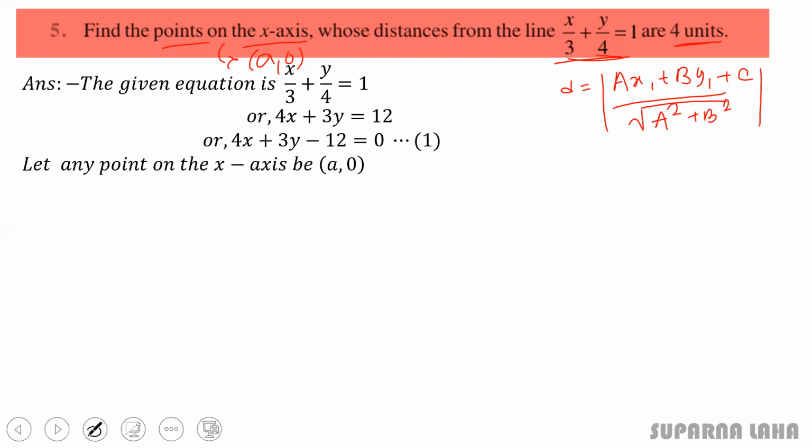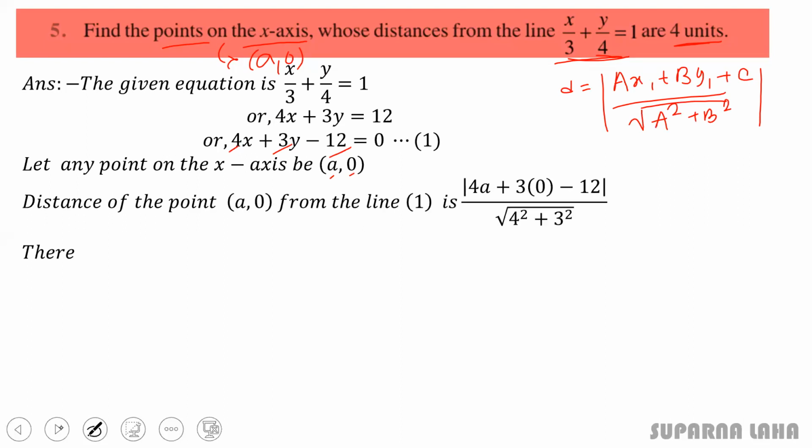So a is here what? 4, b is 3 and c is minus 12, and x1 is a and y1 is 0. So just put the values. This distance comes to mod of 4a minus 12 by 5 equals to 4. Since distance is always positive, we are using the mod sign.